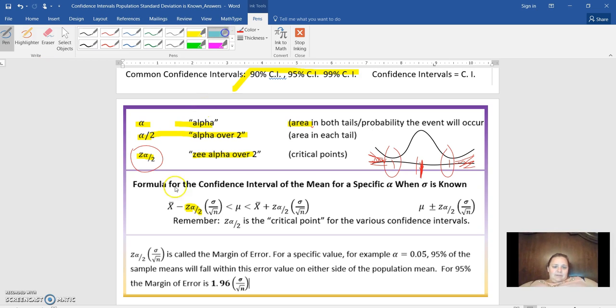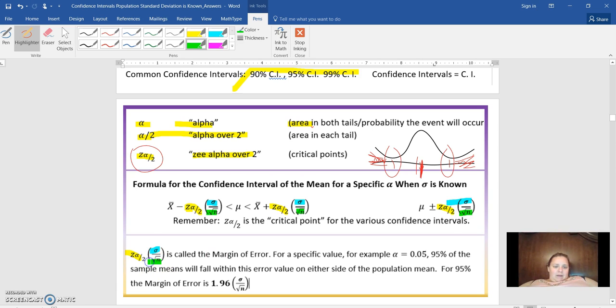So this formula, I want you to notice something between these two formulas. We have z alpha over 2, then standard deviation, sigma, and we have square root of n, the number of items in the sample.